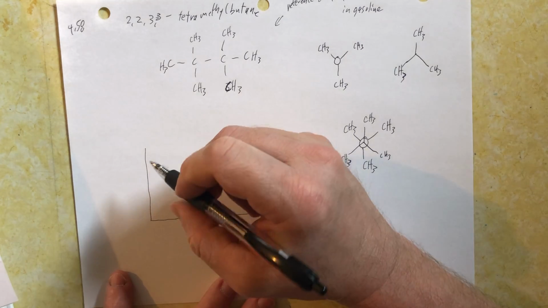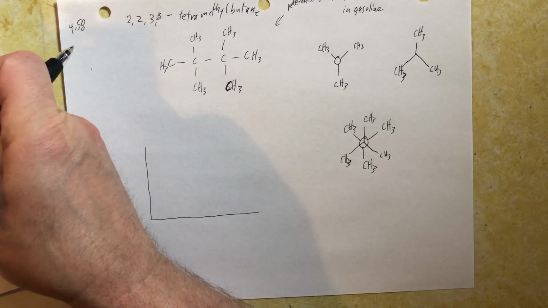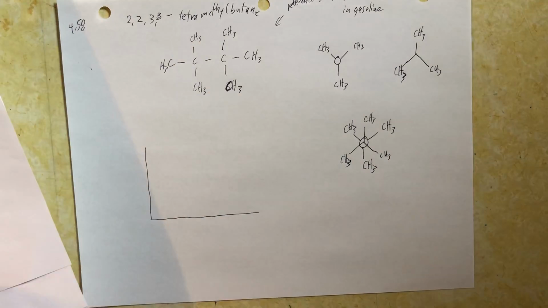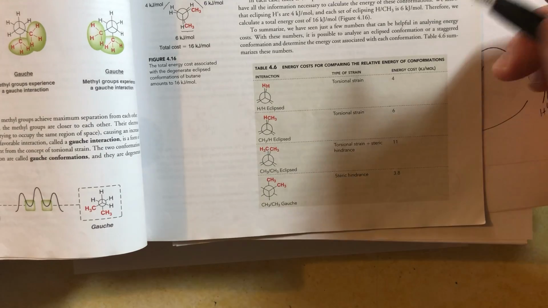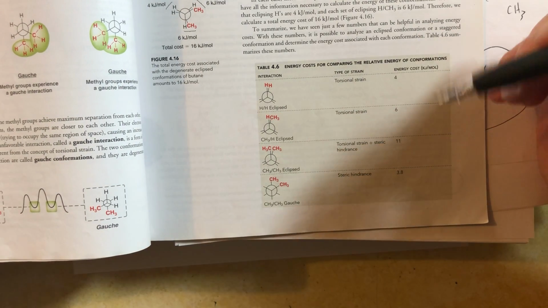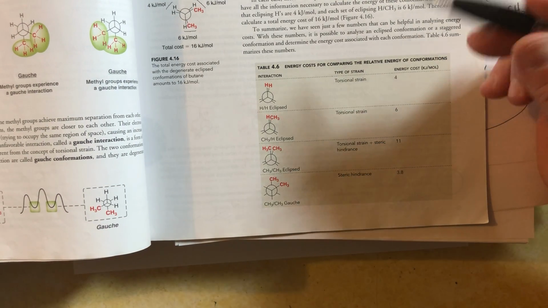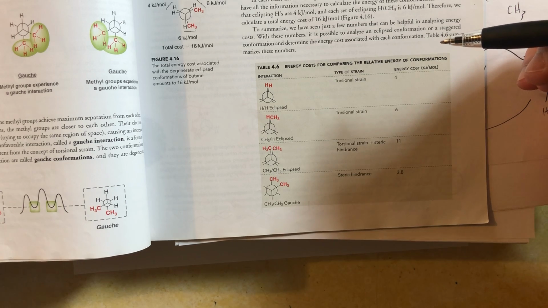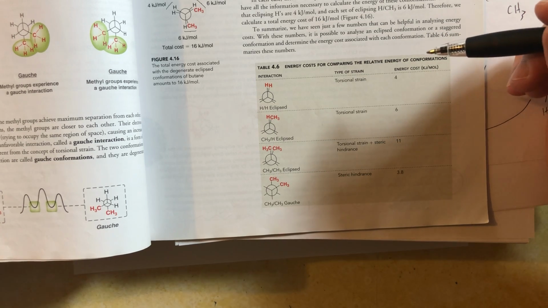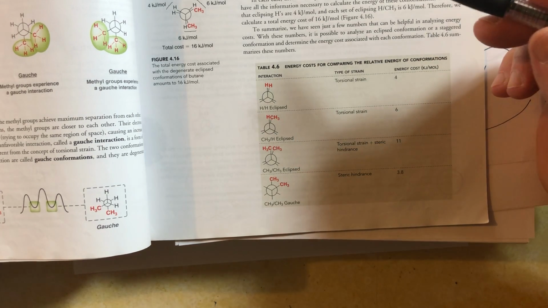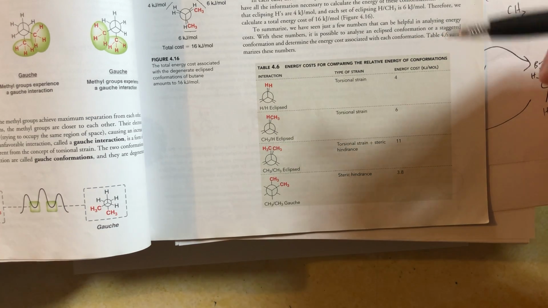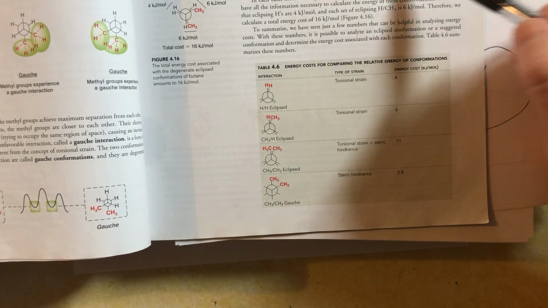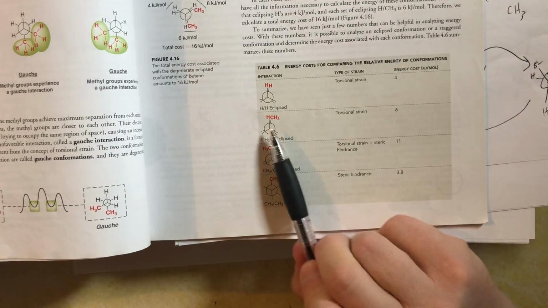So if you go all the way back to 4-6 on page 161, there was another table we looked at, where we were looking at the strain and the repulsion between groups and atoms in cyclohexane rings, but here we're just looking at how they line up like so.